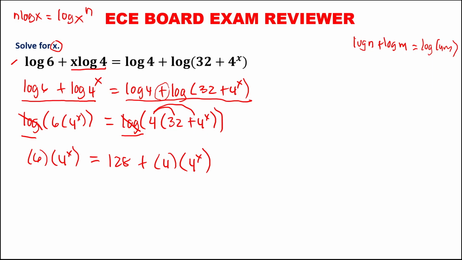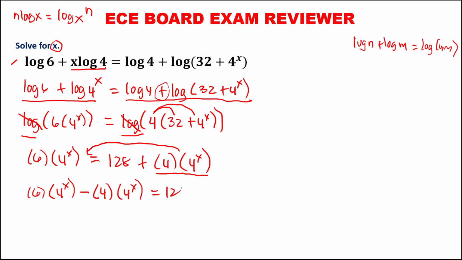This time we need to transpose this 4 times 4 to the power x to the other side. So this becomes 6 times 4 to the power x minus 4 times 4 to the power x equals 128.